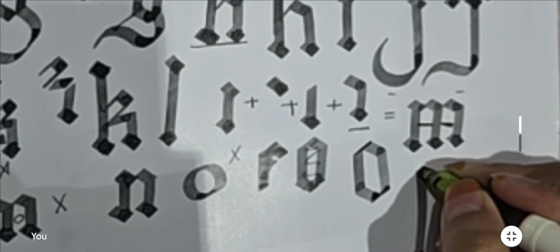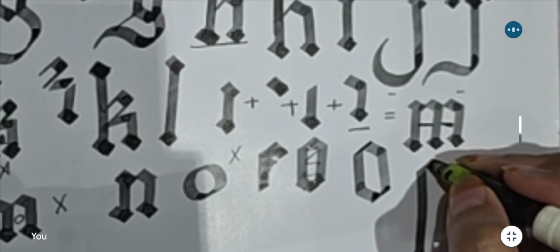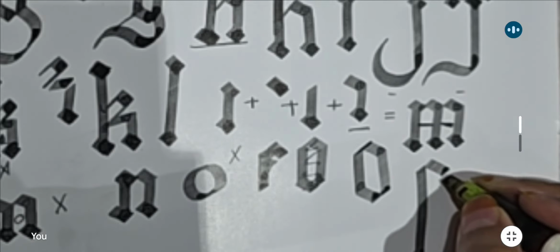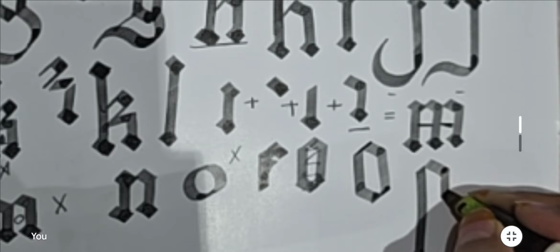Then P. For P, you need to first make this straight line with the diamond. Then from here, you will make one angular stroke, the straight one. Now, how to connect this one? We have two options.